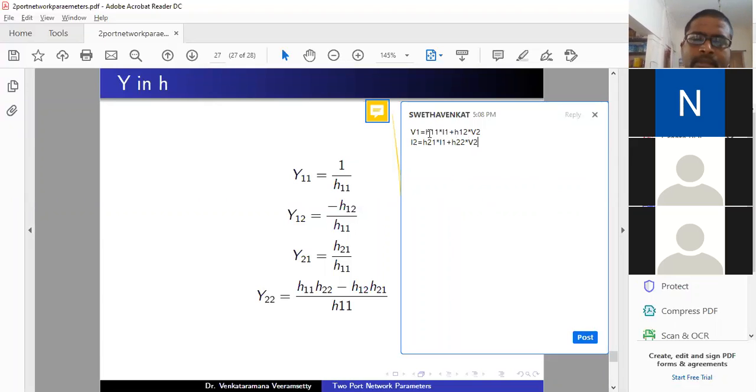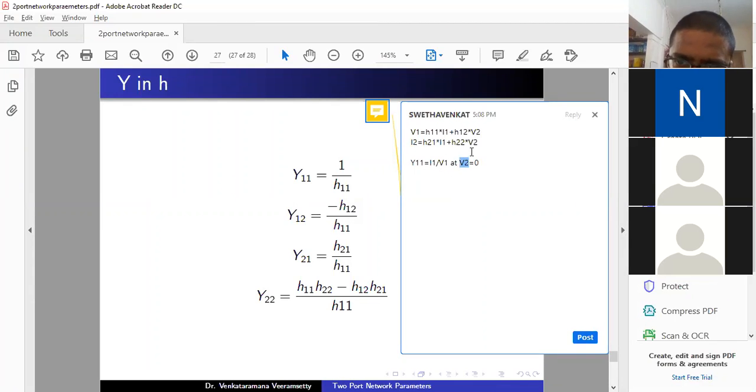Good. So now I want to find the Y11 in terms of the hybrid parameters. So note down the definition for Y11. Y11 equals I1 divided by V1 at V2 equal to 0, right? At V2 equal to 0.